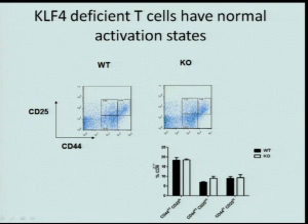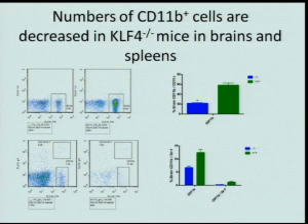Before and after immunization, looking at CD44, CD25, there was no real difference in the T cells from the KLF4 deficient mice, indicating that KLF4 wasn't required for the development of T cells in the thymus or migration to the spleen, development of the immune system.